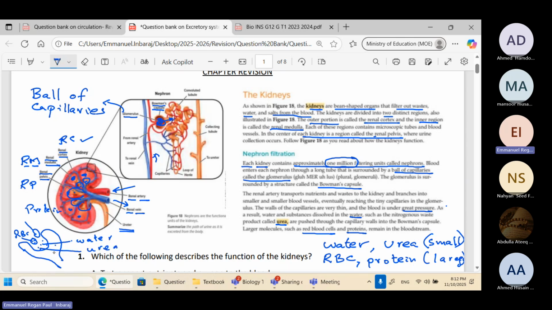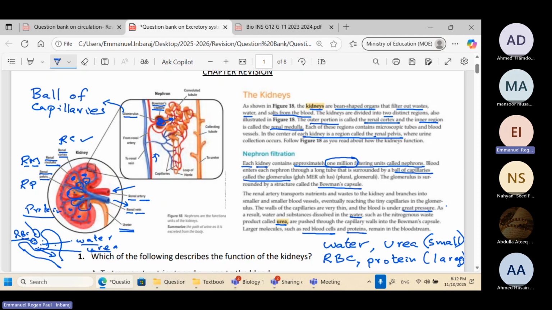Which substances can come inside? The smaller particles. Water and urea can leave. But the large particles like protein and RBC cannot leave. They will remain in the blood itself, in the capillary. They will not come out.